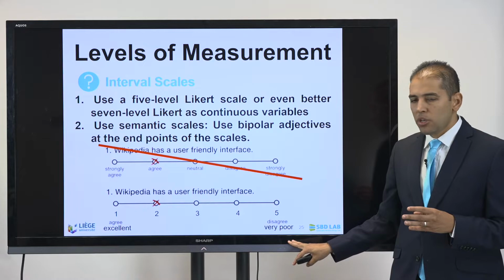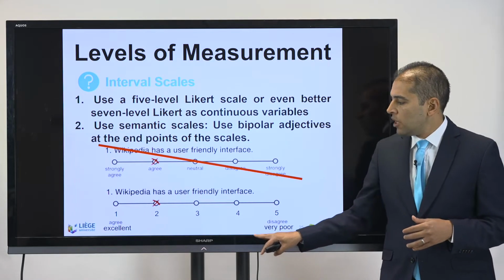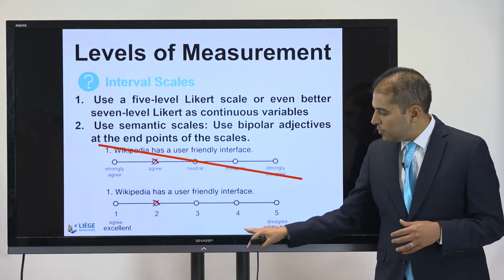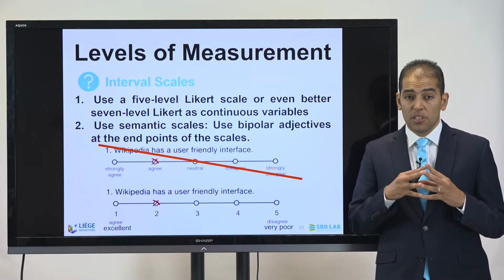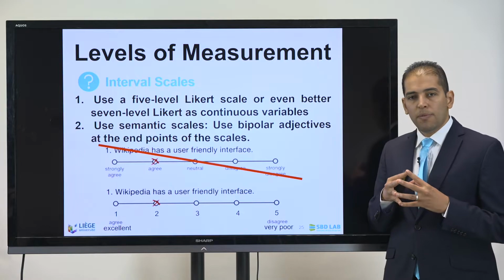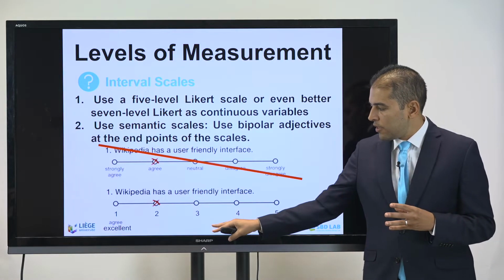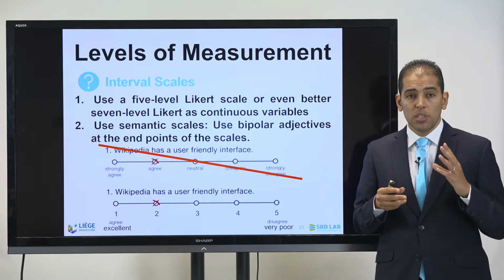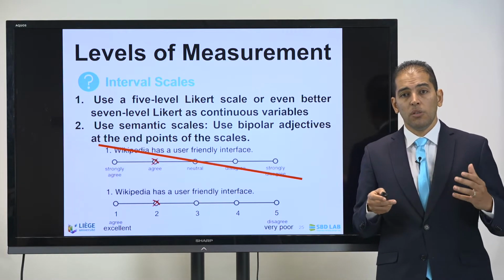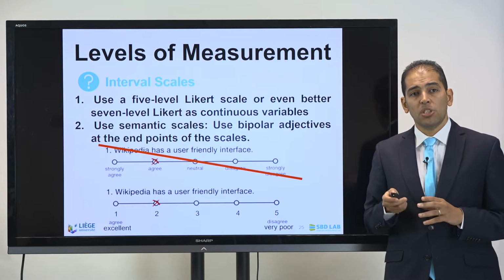On the one side you say, for example, very poor, and on the other side you say excellent. And you keep the spaces in between without any semantic scale description. And for sure, better and better, instead of having 5 Likert scale levels, to have 7. So this is one of the important pieces of advice when you define or design your questionnaire.